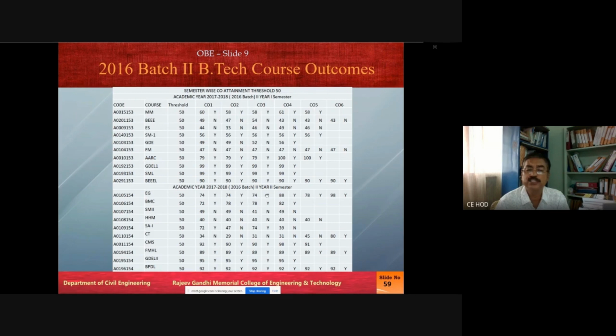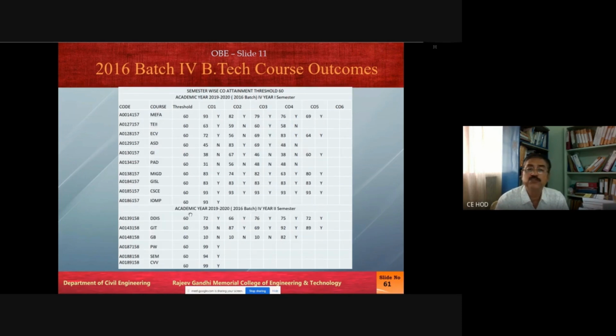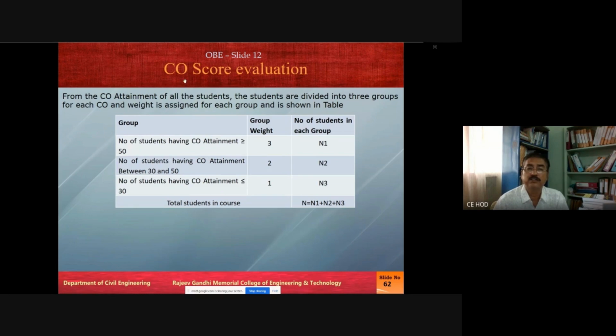This is the 2016 batch second year second semester. Here are the 2016 batch third year first semester and third year second semester. I have explained water resource engineering 2, sir; this is the attainment I have explained. Now this is for fourth year. So this is regarding CO attainment, sir.